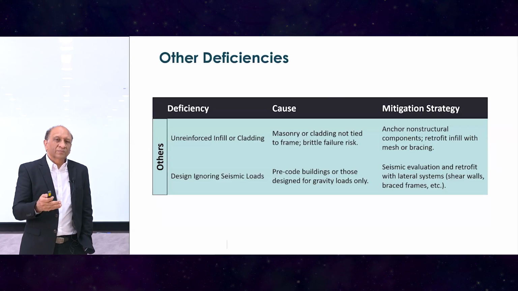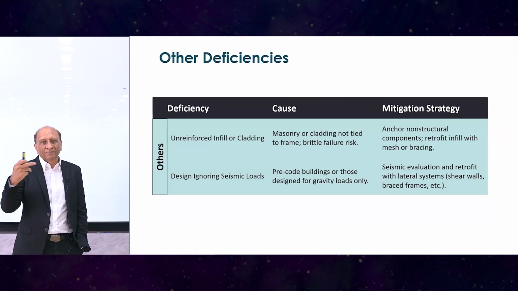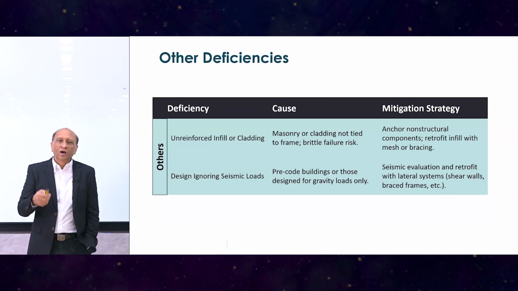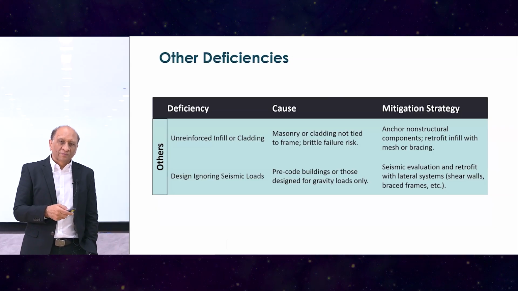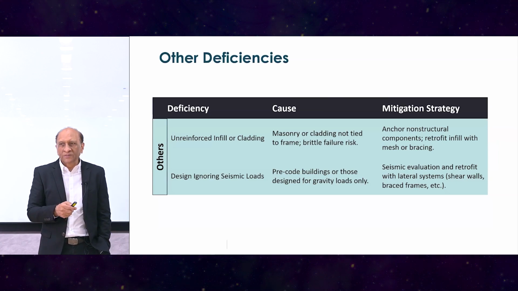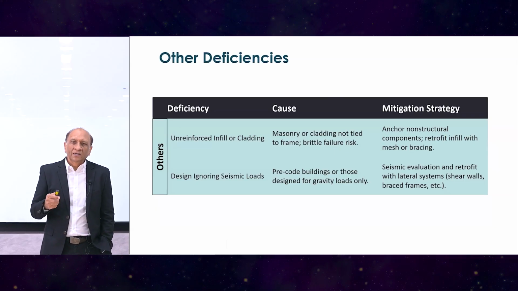So we can either improve the strength of the masonry by adding some plaster with mesh or jacketing of the wall, and so many things can be done. Or we remove them from the system altogether. And a lot of the time, the last problem is the most common one, that the buildings have never been designed for seismic loads.